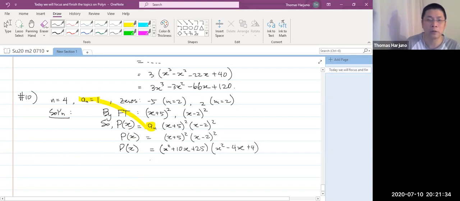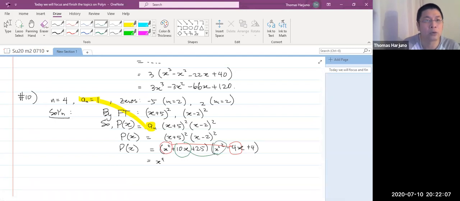If I FOIL that further, you may wonder how I did that fast. The highest degree will be degree 4 because x squared times x squared must be x to the 4th, and that's the only way to get x to the 4th. Now, how to get x cubed? I need to pair this term with this term, and this term with this term.